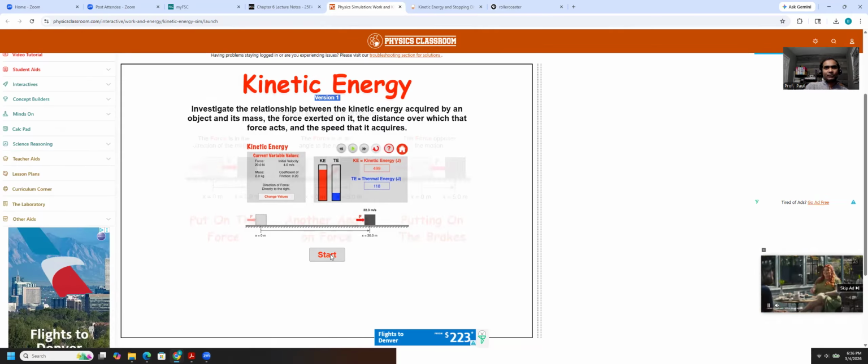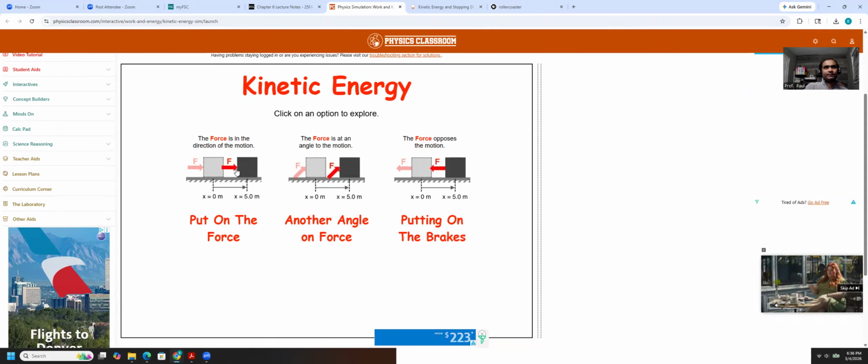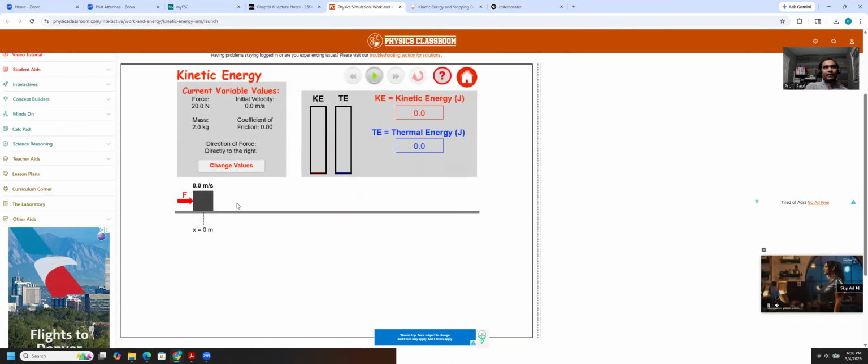Let's see what is actually going on here. So right now, it is at 0 meter. We apply force. This force is equal to 20 Newton. When you push this, this is a constant force.